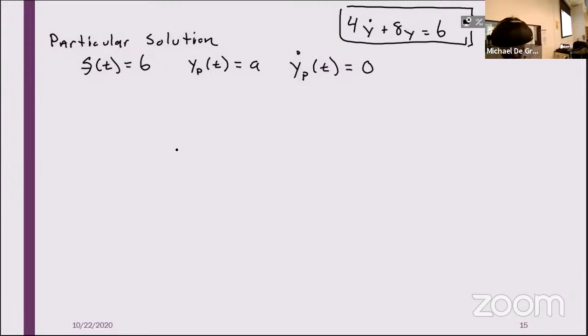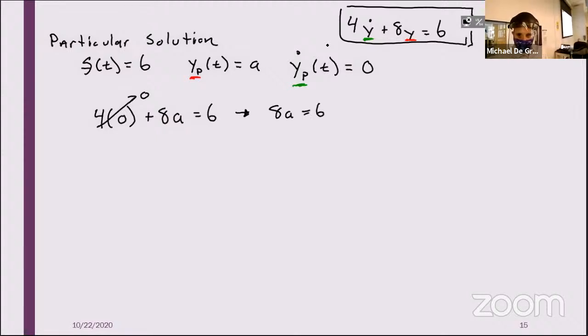So I'm going to do the same thing that I did with the last part. I'm going to substitute these things in. This is going to go here, and this is going to go here. Green to green, red to red. If I plug these in, I'll get 4 times 0, that's always fun to see, plus 8 times A is equal to 6. 8A is equal to 6.